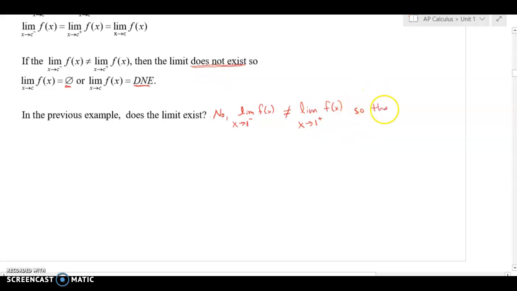So the limit of f of x as x approaches 1, DNE, does not exist.